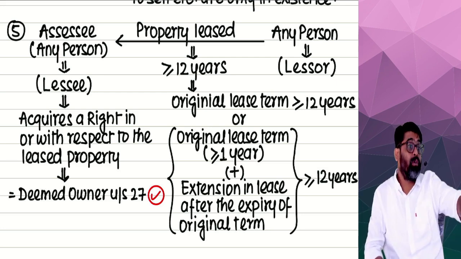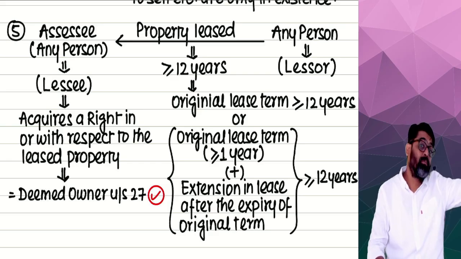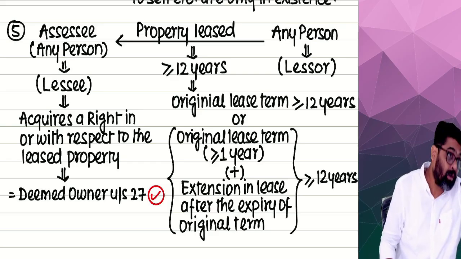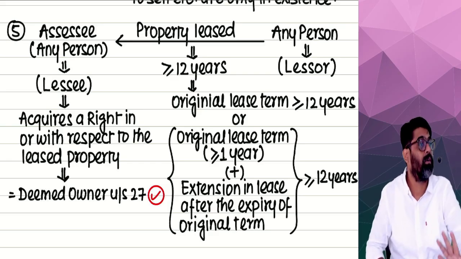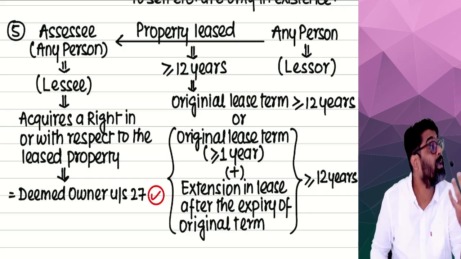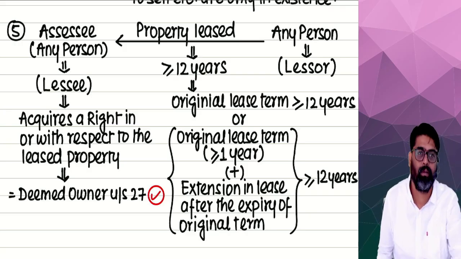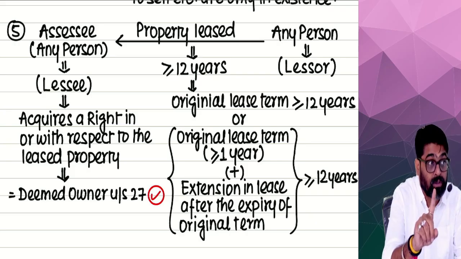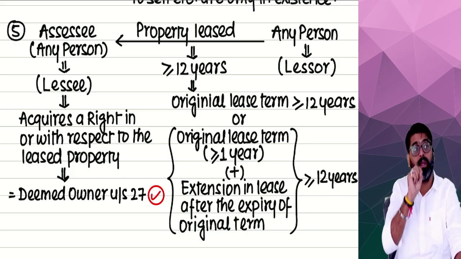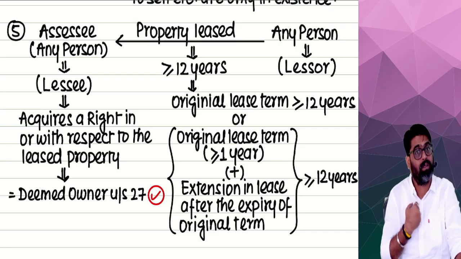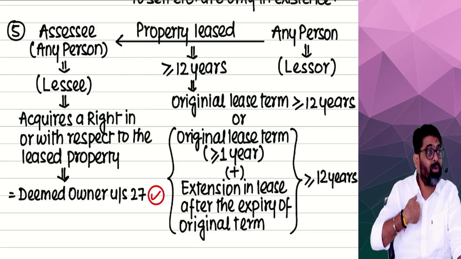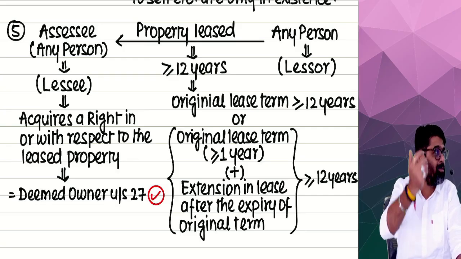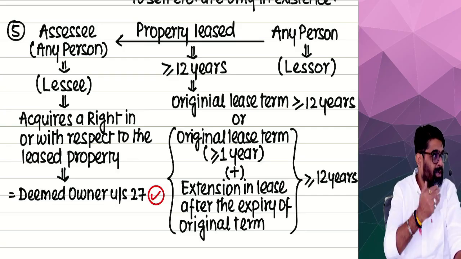And if you want that somebody else could occupy, you can also give the property on rent, because you have got the right to occupy. Legal ownership I have not given. Legal ownership is still with me. So who is the legal owner? Lessor is still the legal owner. But for these 20 years, this legal owner cannot do anything with this property because the entire right is given.